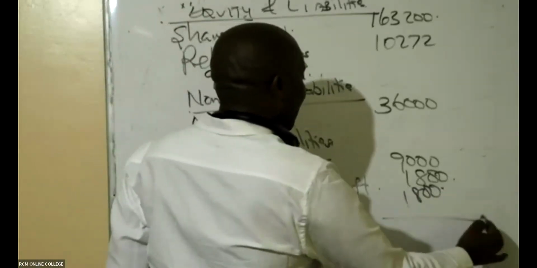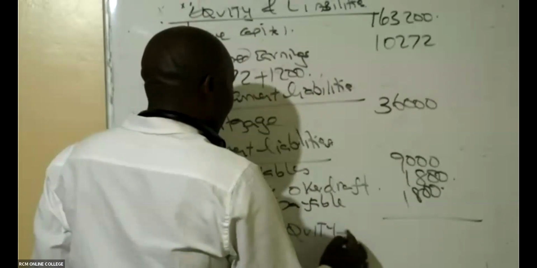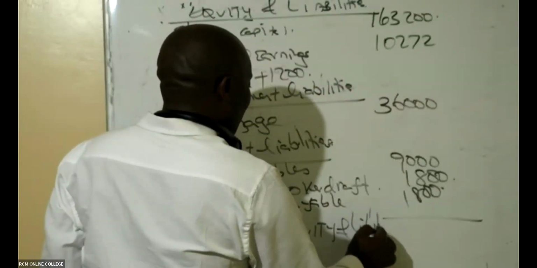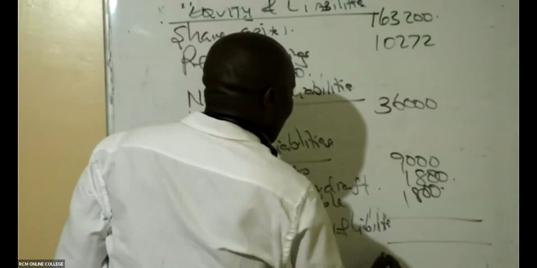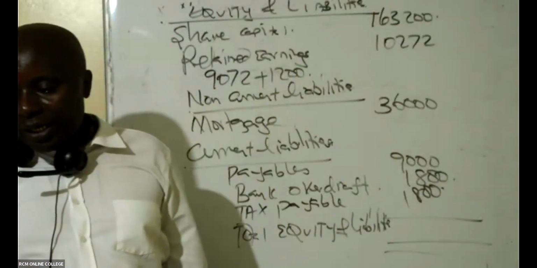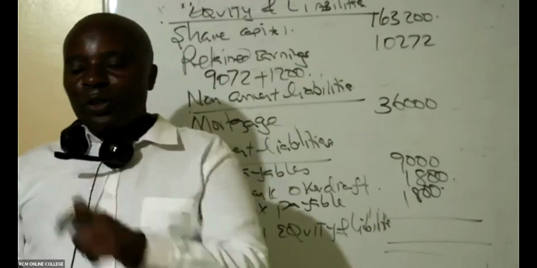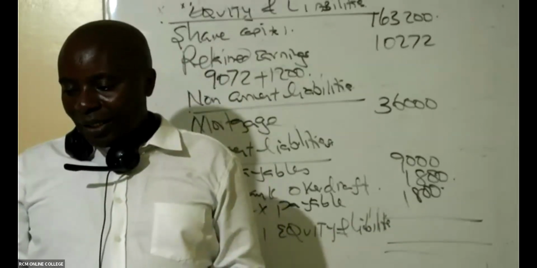So we add everything to give us total equity and liabilities. And unless we are thieves, everything should balance with what we had initially, with our total assets. It's only thieves who can't account for how they raised their assets.